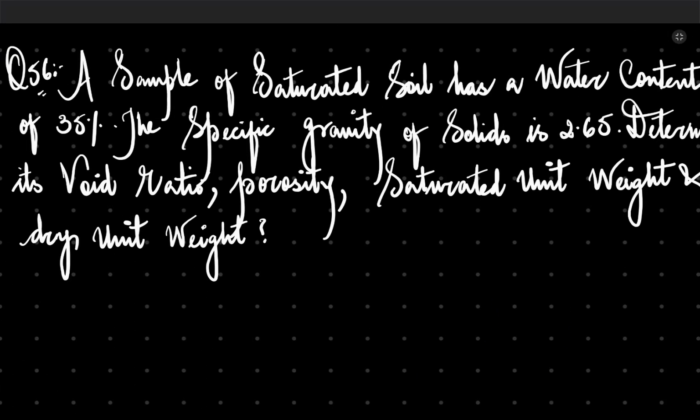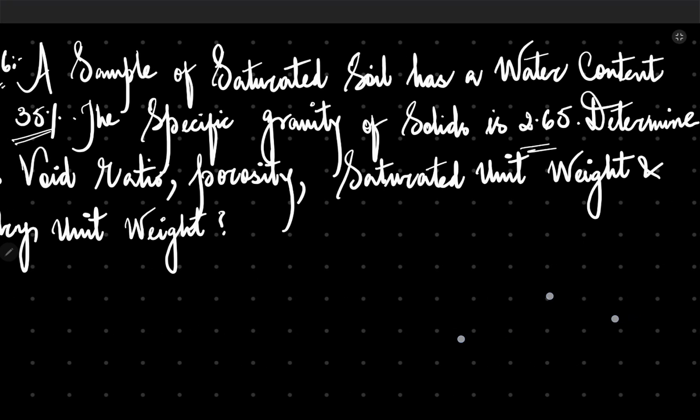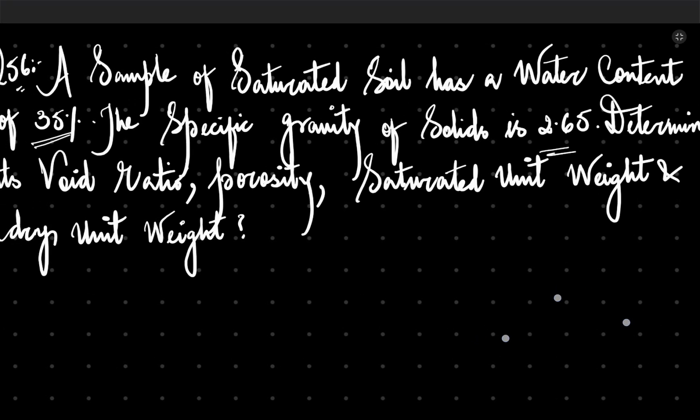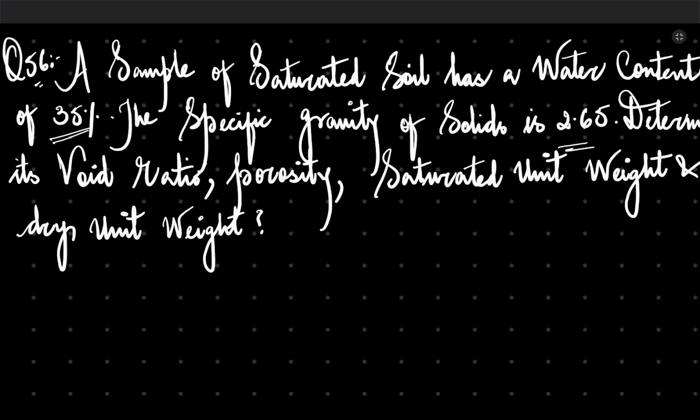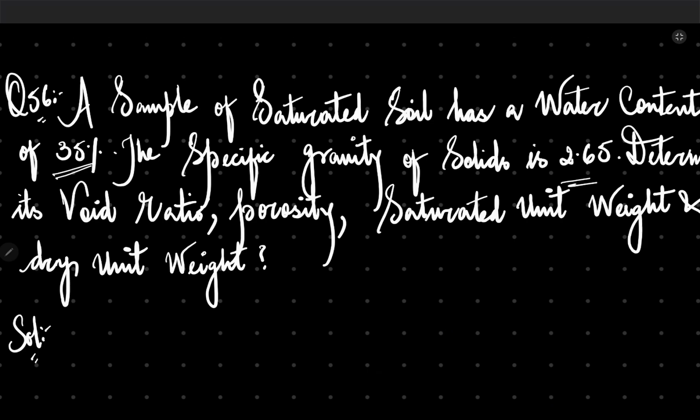Question is, a sample of saturated soil has a water content of 35%. The specific gravity of solids is 2.65. Determine its void ratio, porosity, saturated unit weight, and dry unit weight. All right, so let's solve this question. Let's read it again.